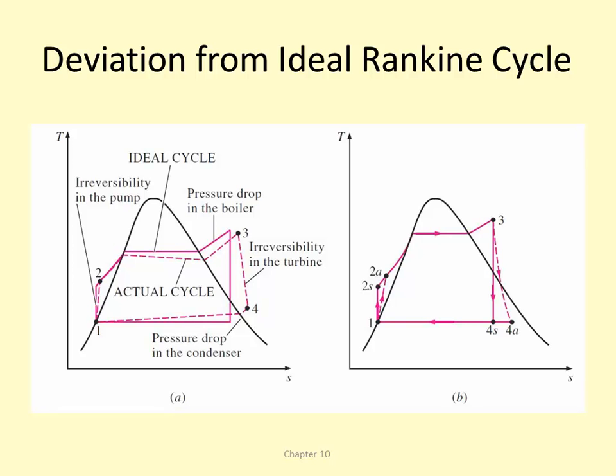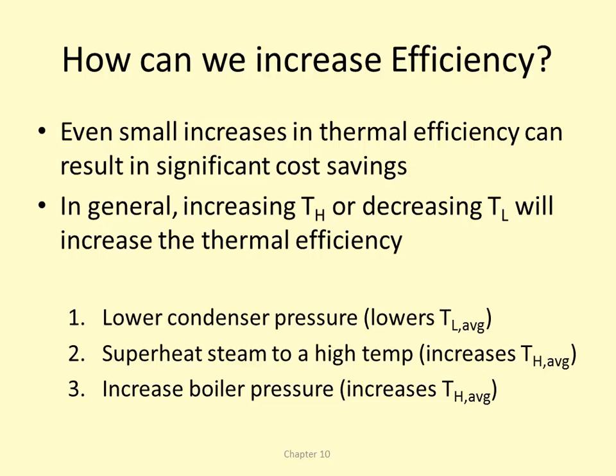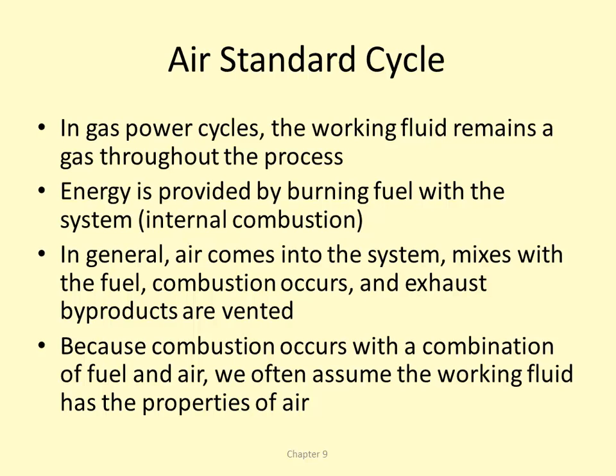And of course it deviates from the actual Rankine cycle because the turbine and the pump are both actually irreversible. But there are certain things we can do to increase the efficiency, and so this talks about that.